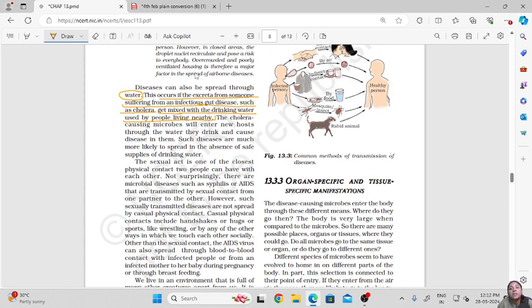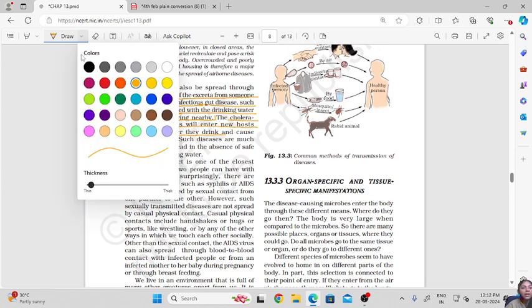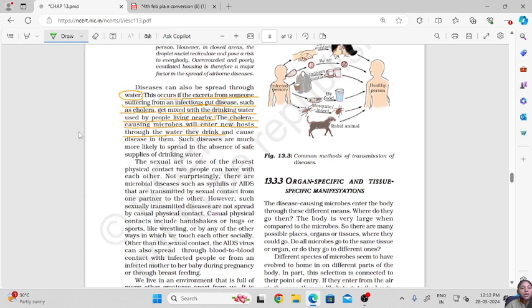So if the excreta of an infected person, for example infected by cholera, gets mixed with the drinking water of the people who are living nearby, the cholera microbes will then enter the new host, the healthy person, through the water they drink, and it will cause the disease in the healthy person.